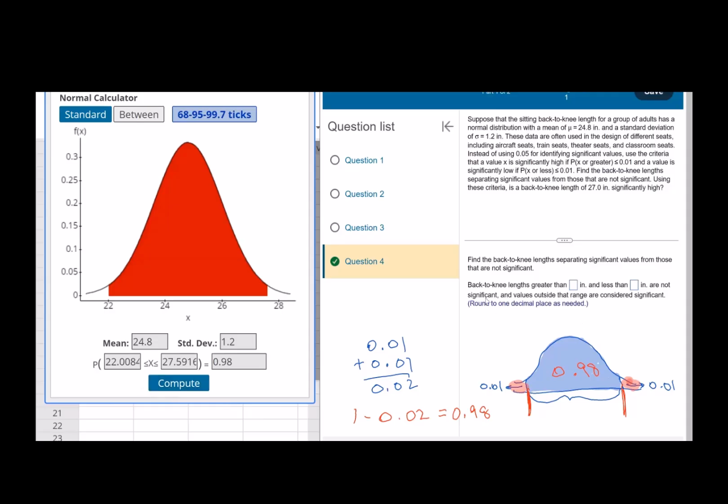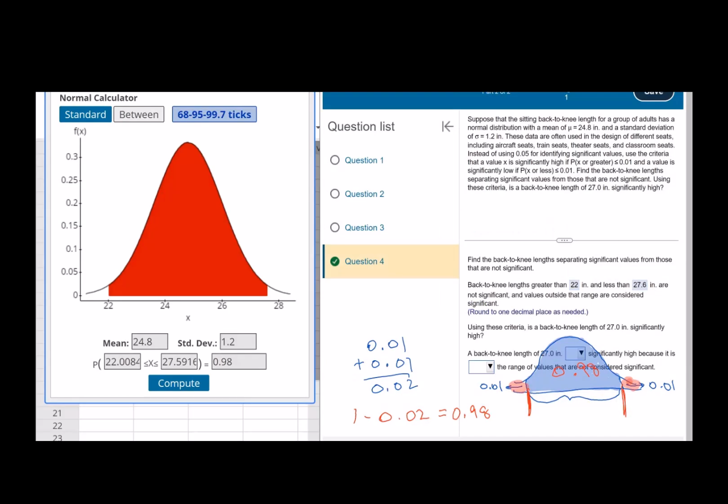I hit compute, and now I have the back-to-knee lengths are greater than the smallest value. To one decimal place, it's 22 inches, and less than 27.6. That's a little bit easier than doing each one of them separately.